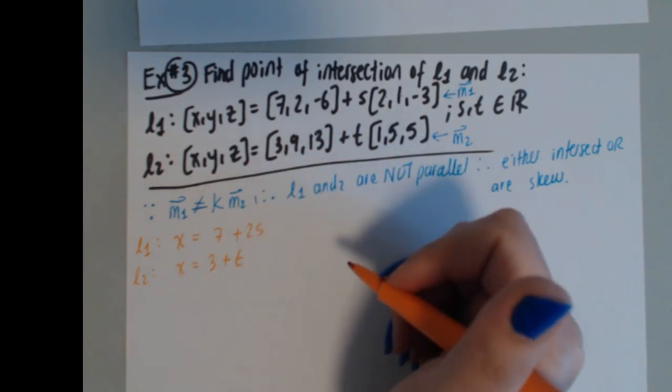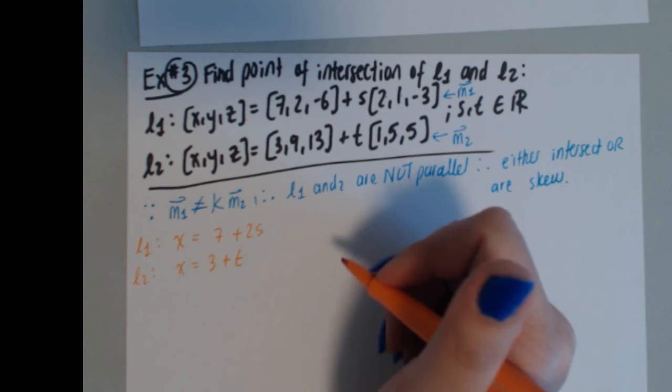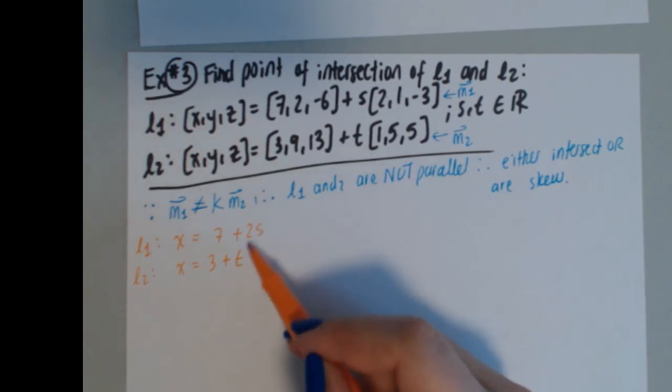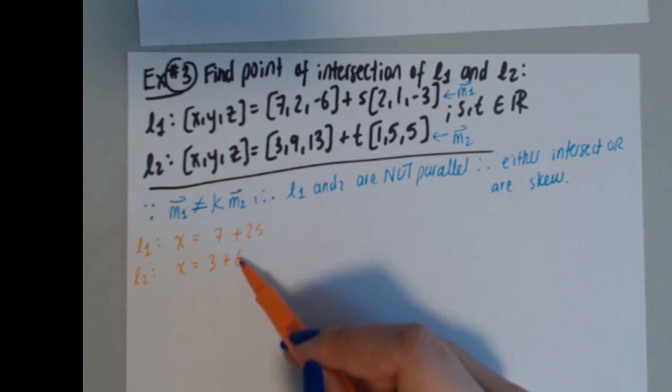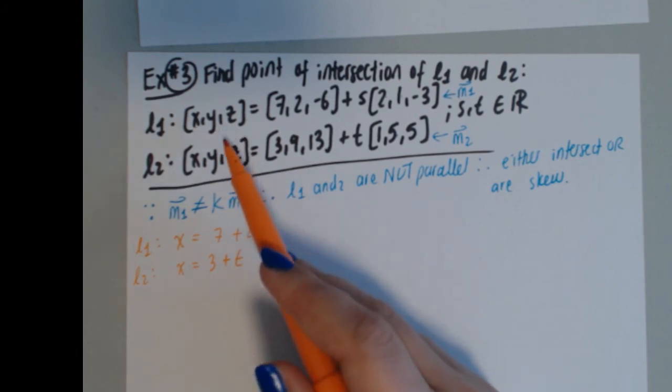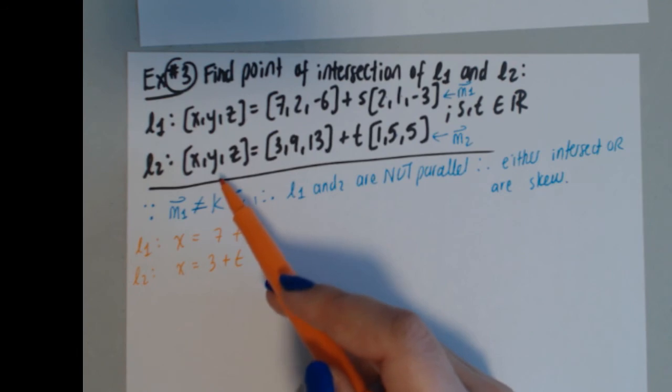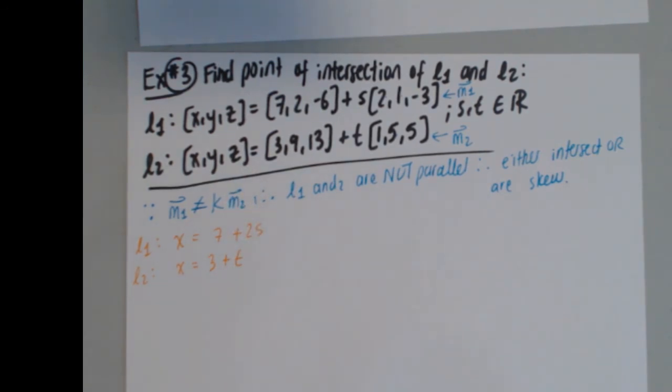Now, if you remember from before, the way in which we would solve these problems is we would set the x dimensions equal to each other, hence we would get an equation with s and t. And then we would set the y equations equal to each other. We would get another expression with s and t, which would mean that we could solve for unique values of s and t. That will always be the case.